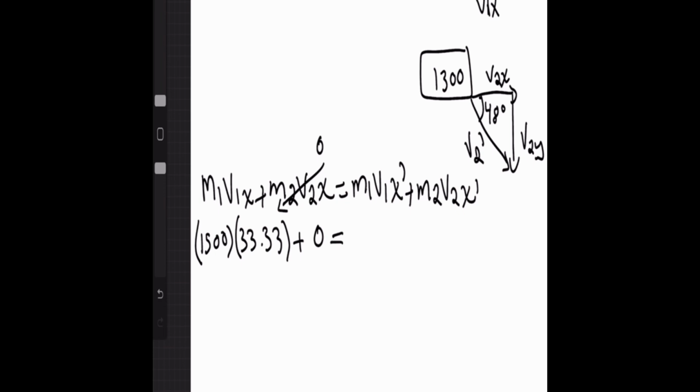And then, after the collision, mass 1 is still 1,500. For V1x prime, we will need to use the cosine ratio because we don't know what that number is yet. So we will use cosine of 70 degrees times V1 prime.